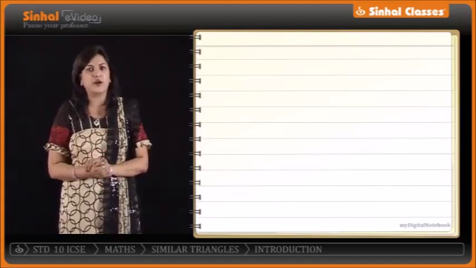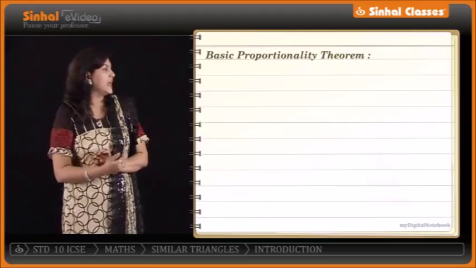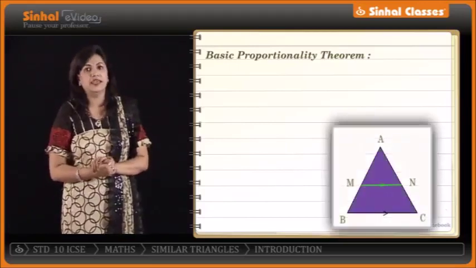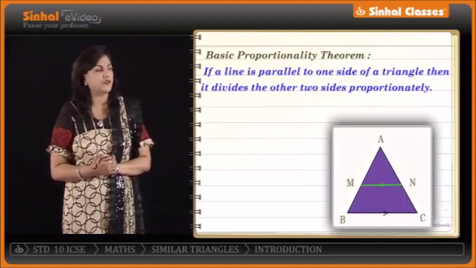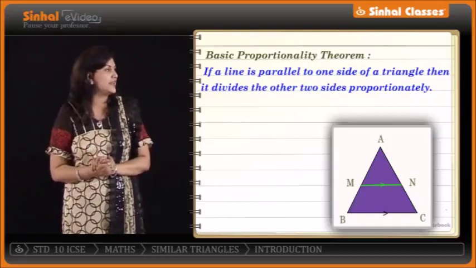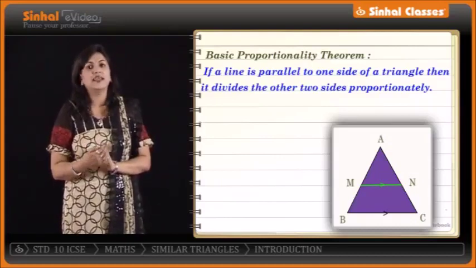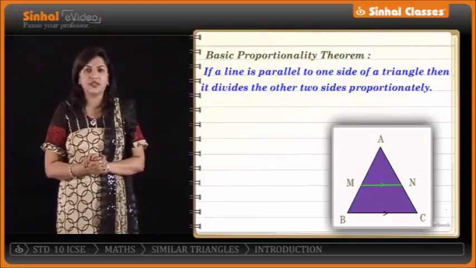Now let's look at one theorem called the basic proportionality theorem or the proportional division theorem. In this, in a triangle ABC, if a line is drawn parallel to one side of a triangle, say MN is drawn parallel to BC, then this line divides the other two sides proportionately.